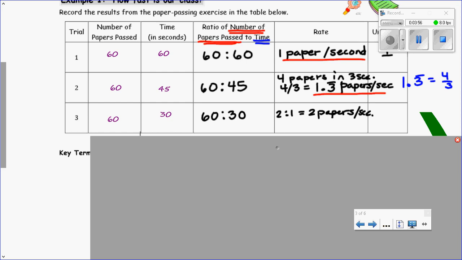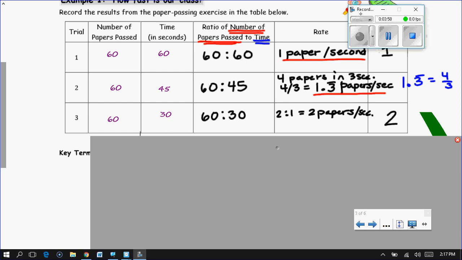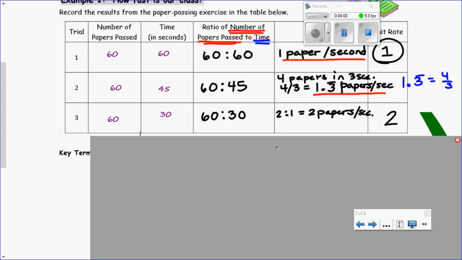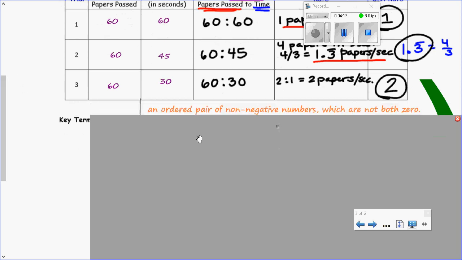And that would be a unit rate of 2. So in the first example, we could pass out 1 paper per second. In the second example, it was 1.3 repeating papers per second. And in the last trial, it was 2 papers per second. This one was the fastest. It's just showing you that you can compare 2 quantities.